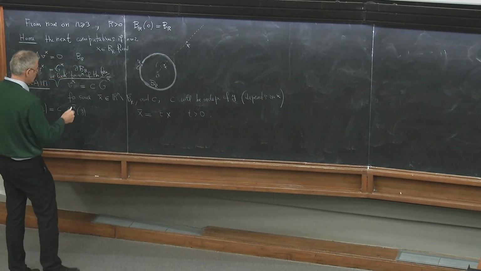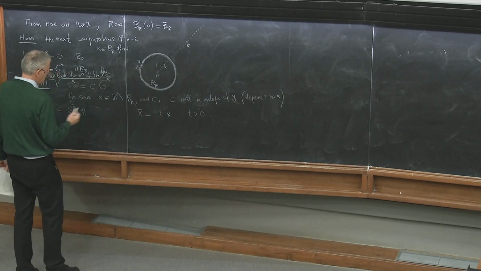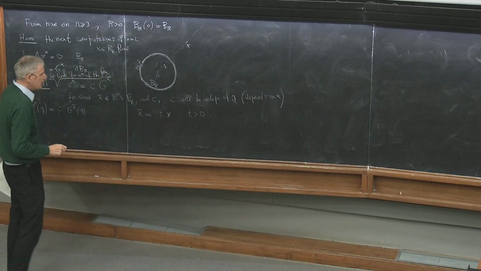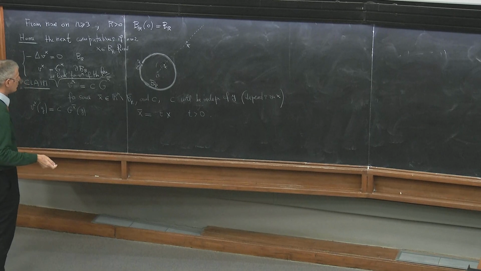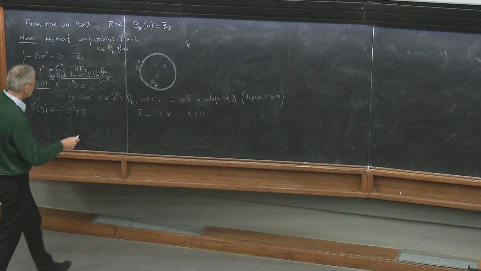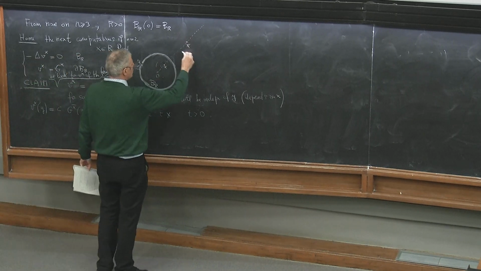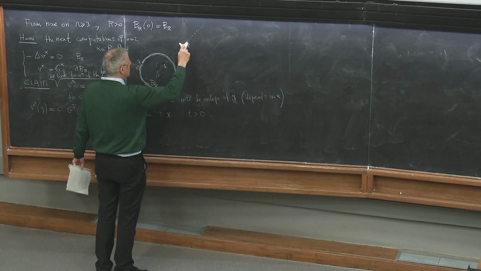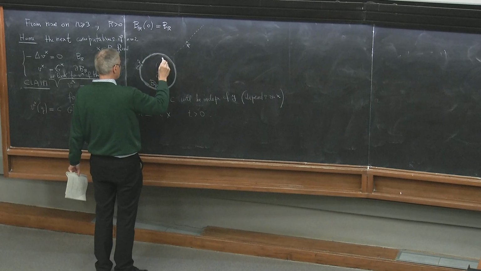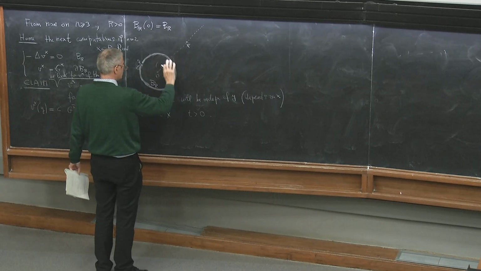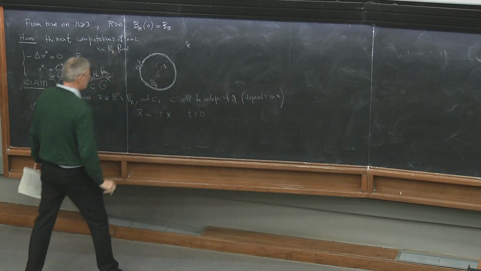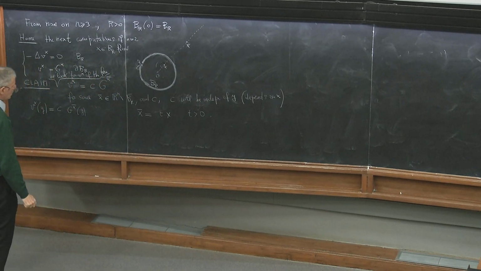We have, of course, to determine the constant, the function c of x and t. If this is possible, then we have found the solution of our problem, because clearly our singular function, the fundamental solution centered at this mysterious point, is harmonic here, because this point is outside. It's not even on the boundary, if you want.